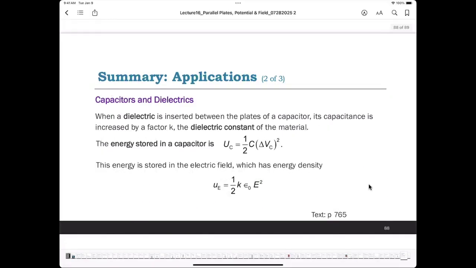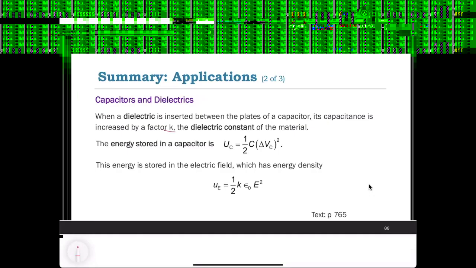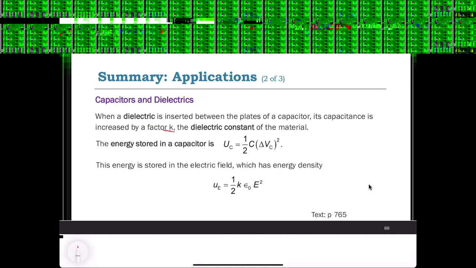When a dielectric is inserted between the plates of a capacitor, its capacitance is increased by a factor K. This K is the dielectric constant of the material, and for one specific material, K is fixed. The energy stored in a capacitor can be calculated with this equation.